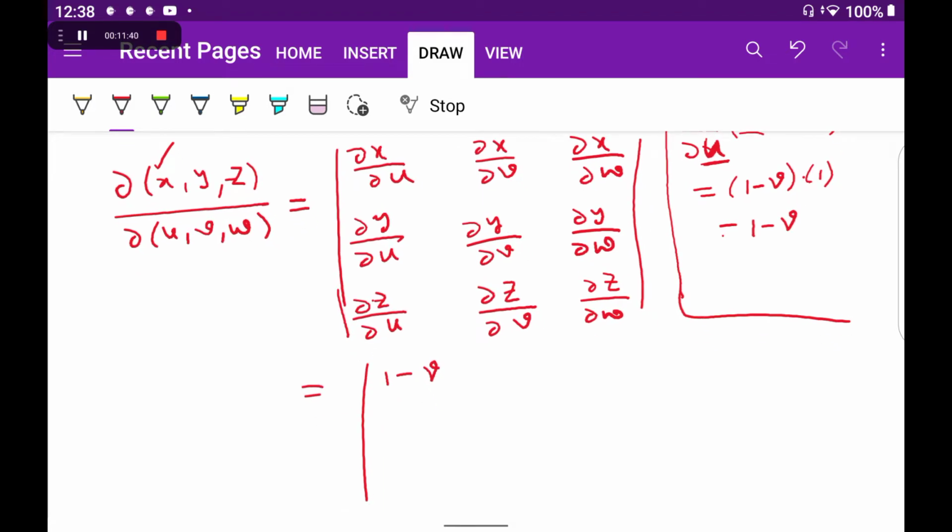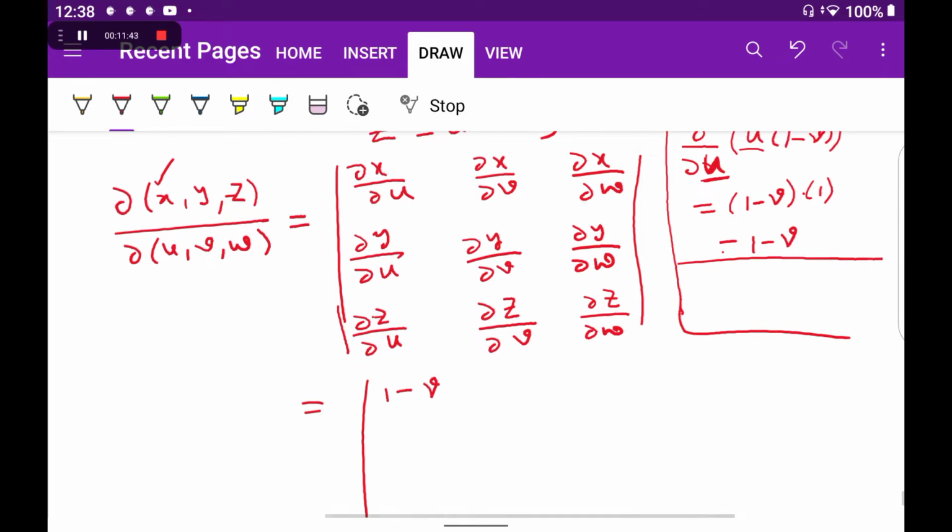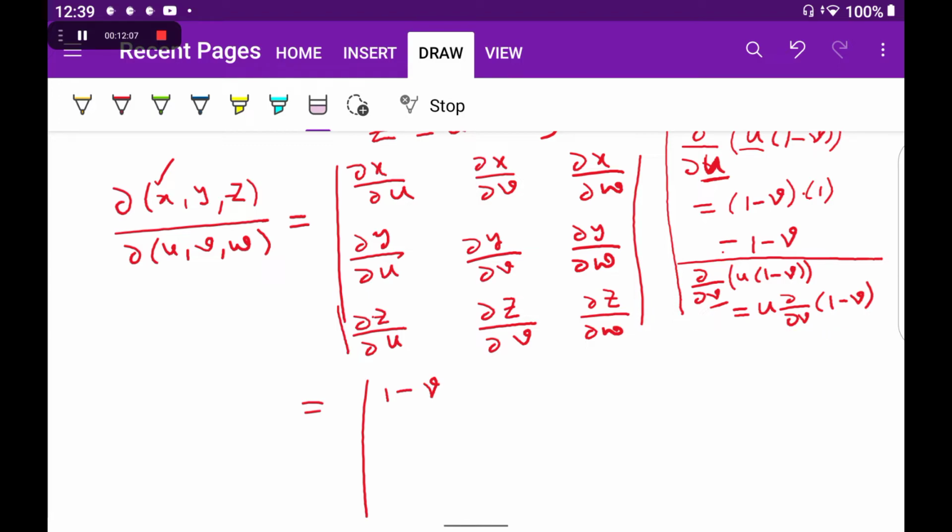And dou x by dou v, you differentiate this as dou by dou v of x. X is u into 1 minus v. We are differentiating with respect to v. U is treated as constant. What is the derivative of 1 minus v with respect to v? 0 minus 1, because constant derivative is 0.